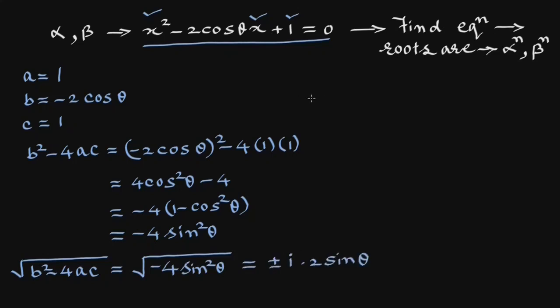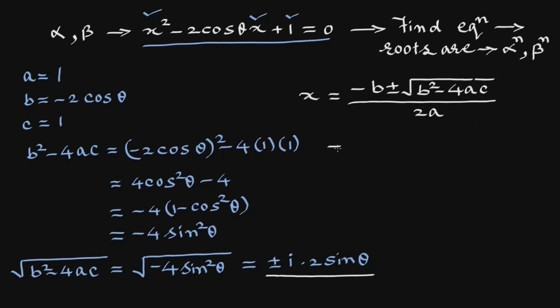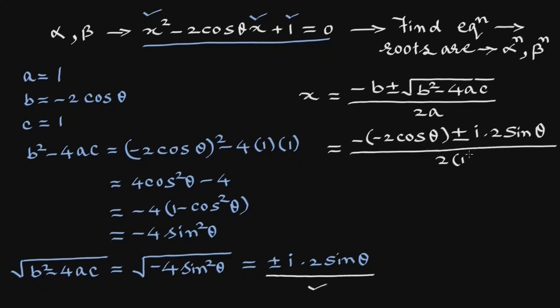Now by the quadratic formula, the roots of this quadratic equation will be x equals minus b plus minus square root of b square minus 4ac upon 2a. That equals minus 2 cos theta plus minus this i 2 sin theta upon 2 into 1, which will be 2 into cos theta plus minus i sin theta upon 2.